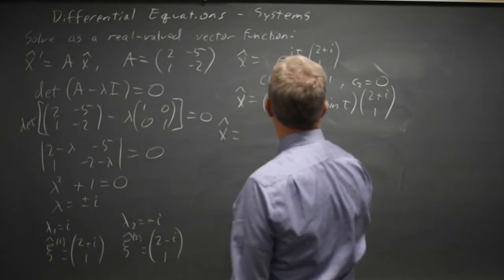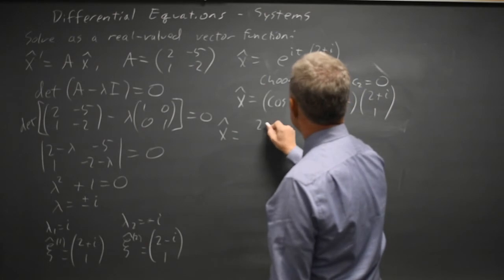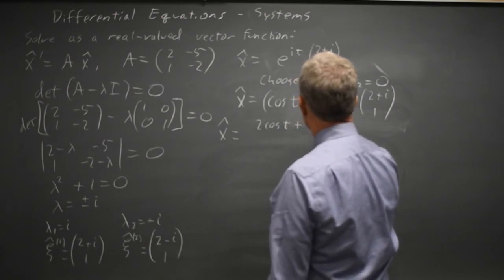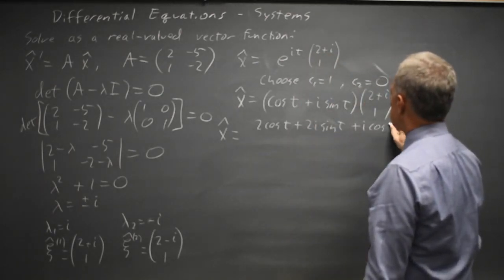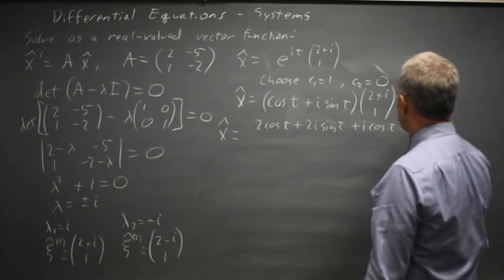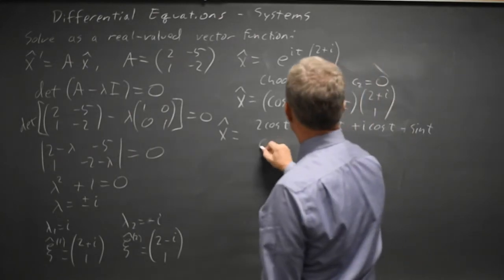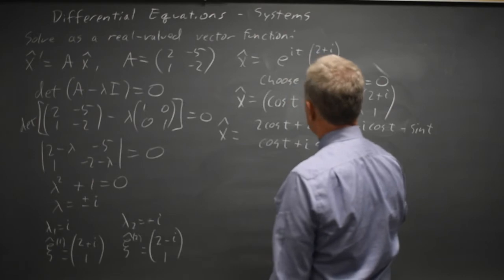So my solution x is multiplying this, it's 2 cosine t plus 2i sine t plus i cosine t plus i squared, which is negative 1, so minus sine t. And my second row is cosine t plus i sine t.